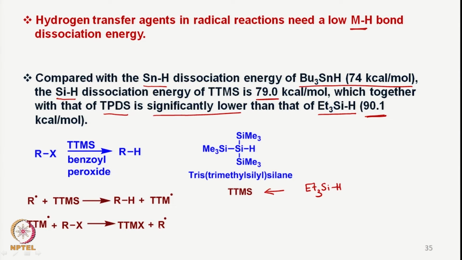Now what happens is that if you take an R-X, where X is a halide for example, and use TTMS in the presence of benzoyl peroxide, then you generate R dot.